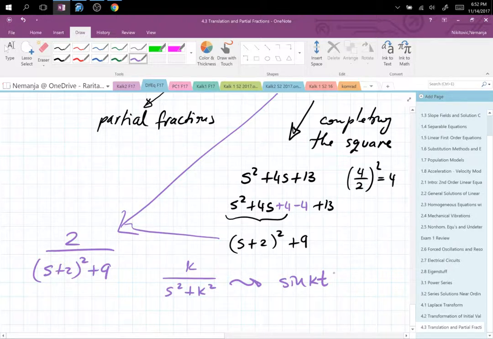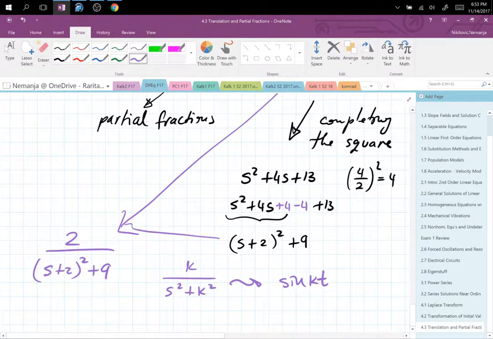Now, this is extremely similar, but we have to fix it, right? First off, I have an issue with k squared and k. This is not 3 and 9, this is 2 and 9. So I have to fix that first.